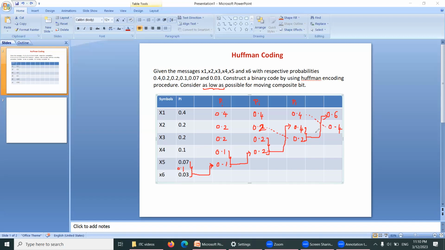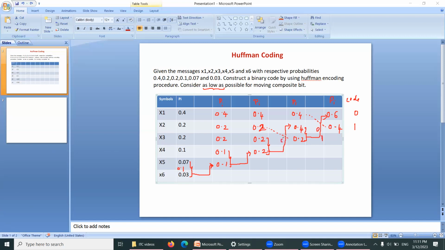Next step is assigning the code values for each of the probabilities. Let me tell you how to assign the code values. First I will write the code for these two. Initially, I assign 0 and 1 for all the combined values, and this will be the LSB bit.